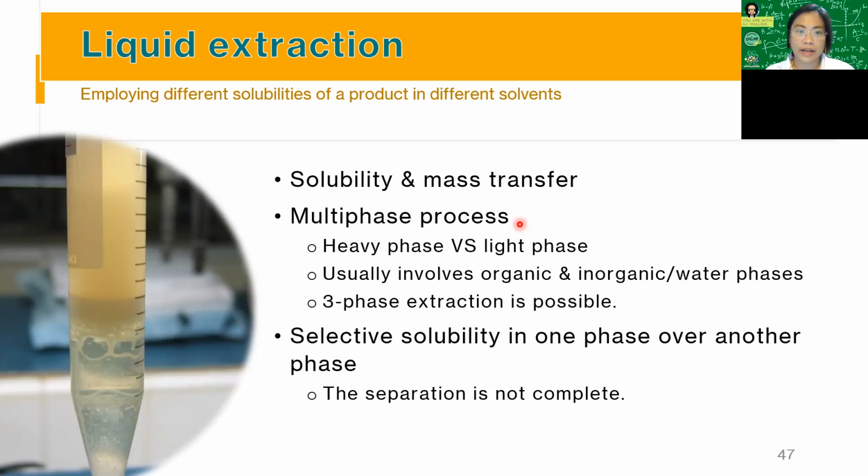So for liquid extraction, since it's a multi-phase process, it involves a heavy phase and a light phase. Heavy phase, as you can guess, is down below, the light phase is up at the top. And usually it involves the use of organic and inorganic or water phases. And three-phase extraction is possible.